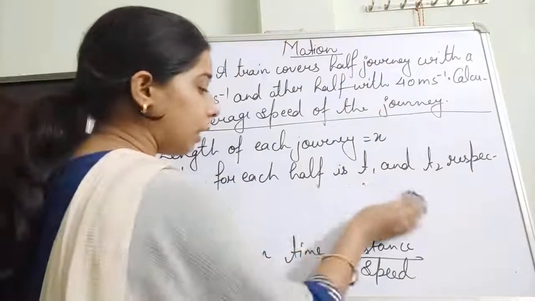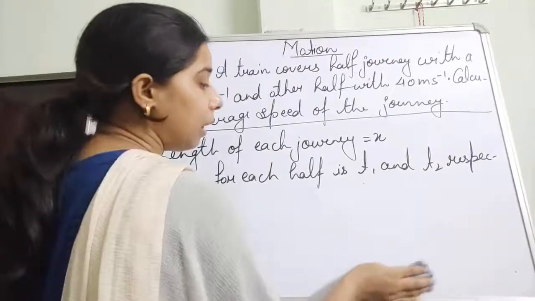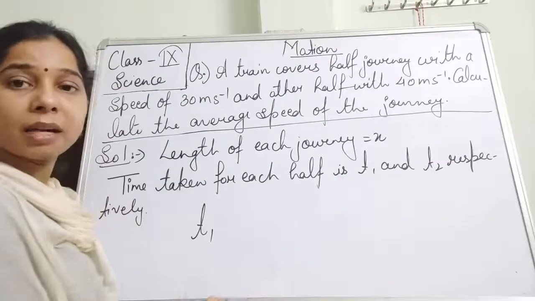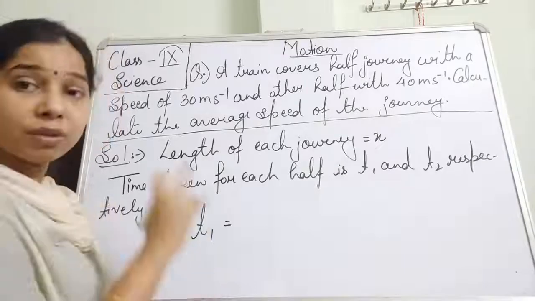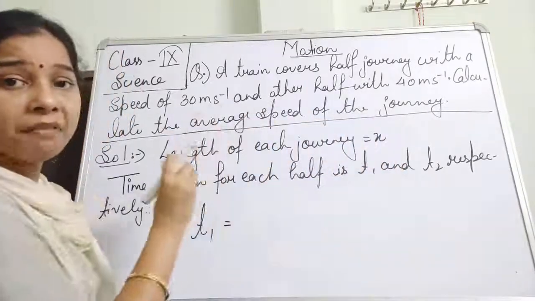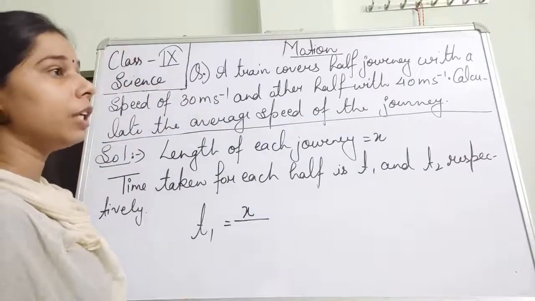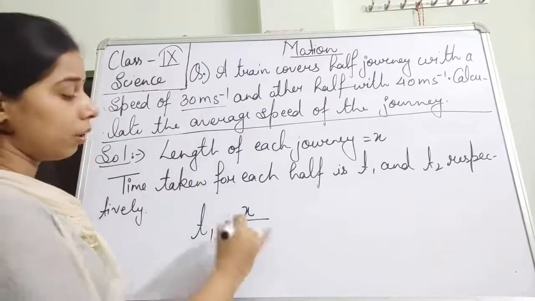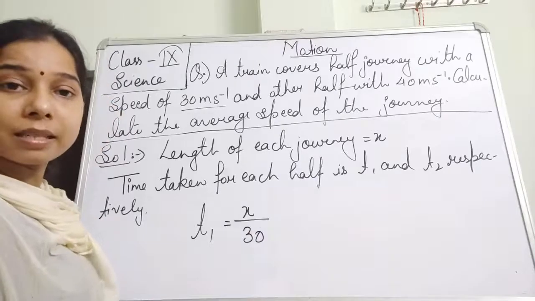So now taking this formula, time is equal to distance upon speed, we can use the first case. In the first half, the time taken by the object is T1. So this will be equal to distance upon speed. What is the distance we have taken for each half? That is x, and the speed for the first half of the journey is 30 meter per second. So T1 is equal to x upon 30.